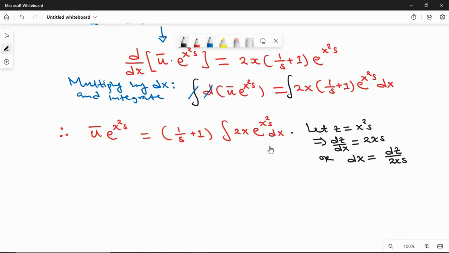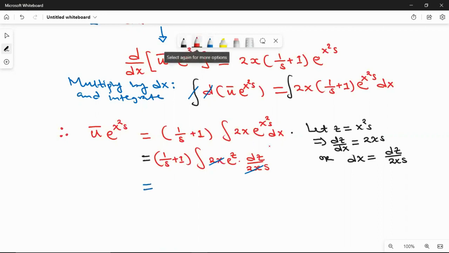Now, when you substitute it here, what are we going to get? It will be equal to 1 over s plus 1, the integral of 2x exponential z dx, which is the same as dz over 2x times s. You see 2x will cancel with 2x. So this can as well be written as 1 over s plus 1, the integral of exponential z dz over s.